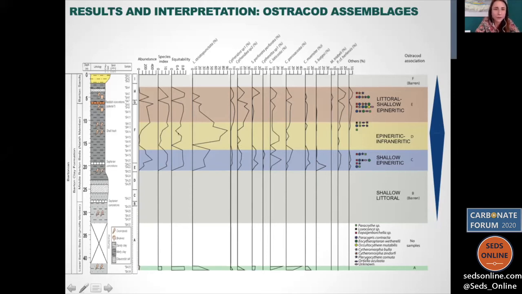But for example, here I had less than 100 specimens in this part, but in the upper part it is close to 200, 300. So statistically, it's important. We have a real abundance of this species compared to the others.